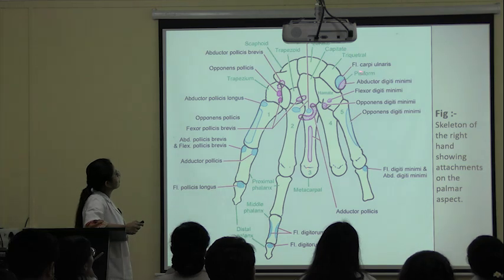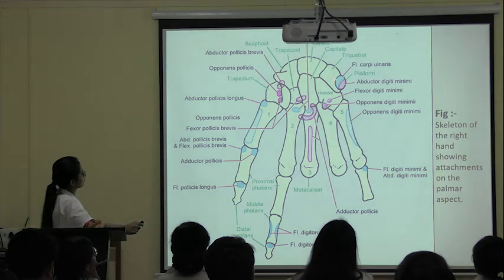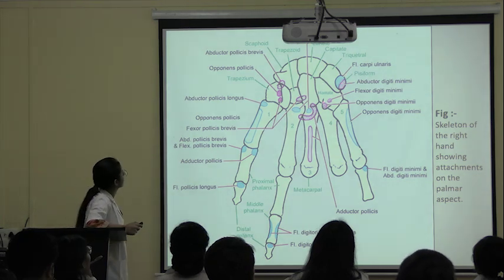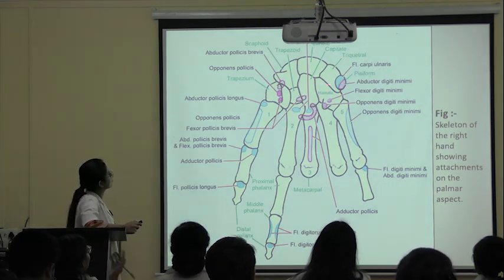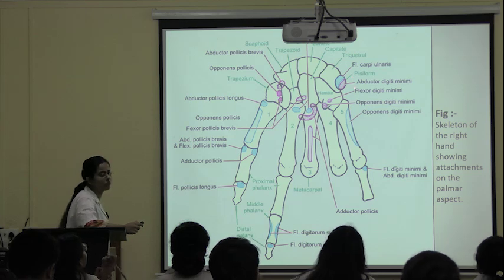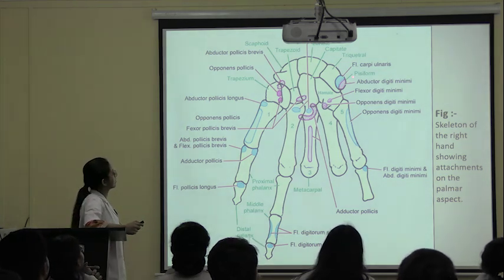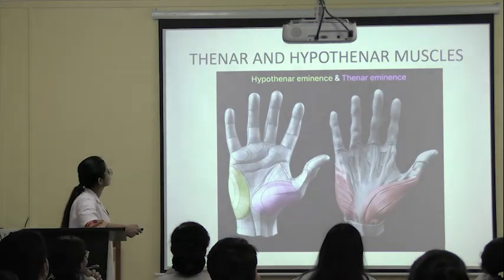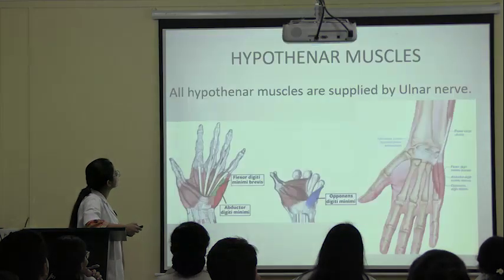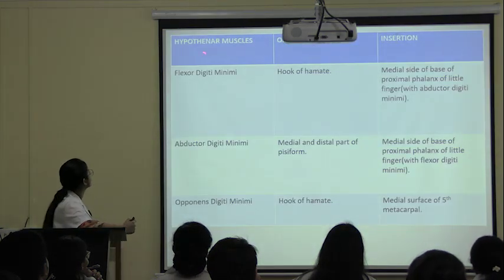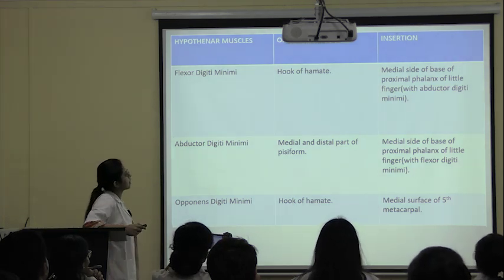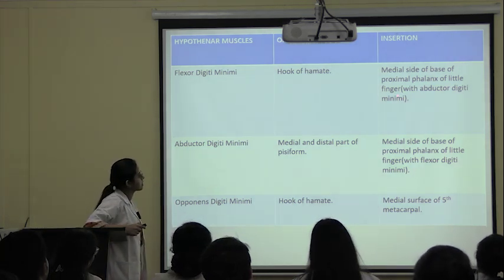And abductor digiti minimi, this is which bone? Pisiform bone. Okay. See, flexor digiti minimi, from the hook of hamate, is inserted in the medial side of the base of the proximal phalanx of the finger.